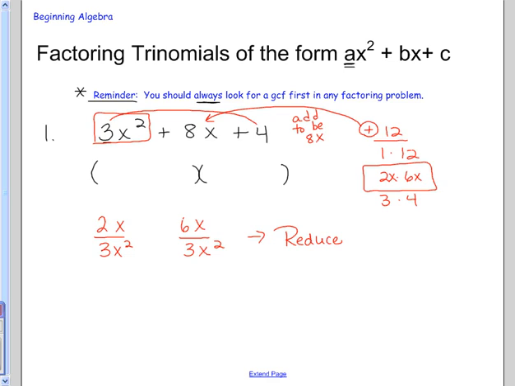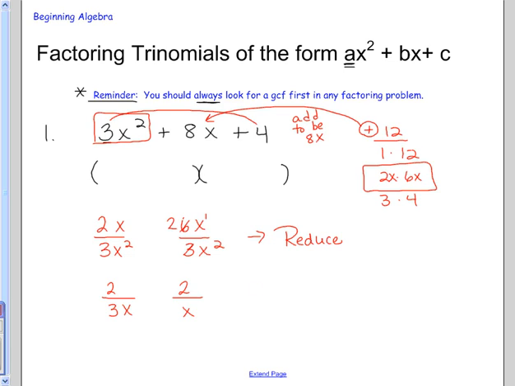If I reduce 2x over 3x squared, 2 over 3 is not going to reduce, but x over x squared, subtract the exponents, would leave me with 1x in the denominator. 6x over 3x squared, I can reduce and say 3 will go into 6 two times. So I would have 2 over x to the first over x squared, which will be 1x in the denominator. So all I've done is just reduce those two fractions.